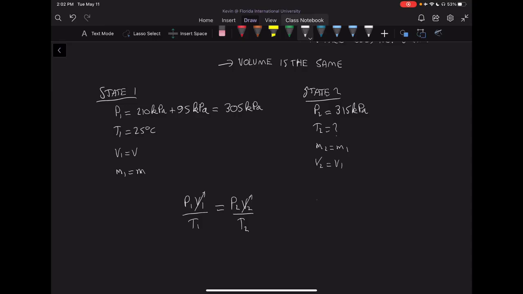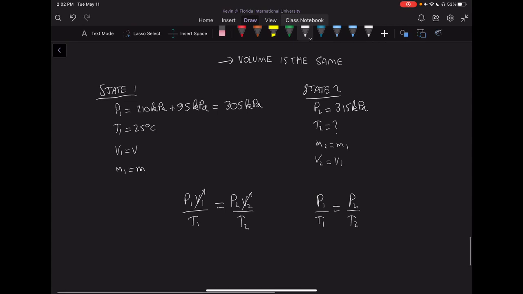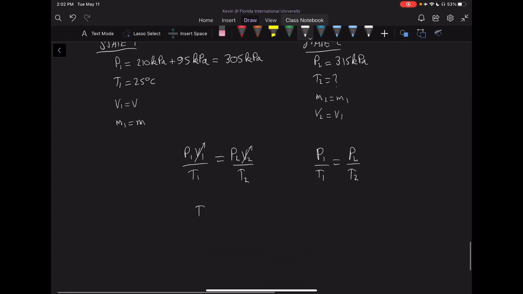So we're left with P1 over T1 is equal to P2 over T2. And now if we rearrange the equation, we can isolate T2 and we can say T2 is equal to P2 over P1 times T1.